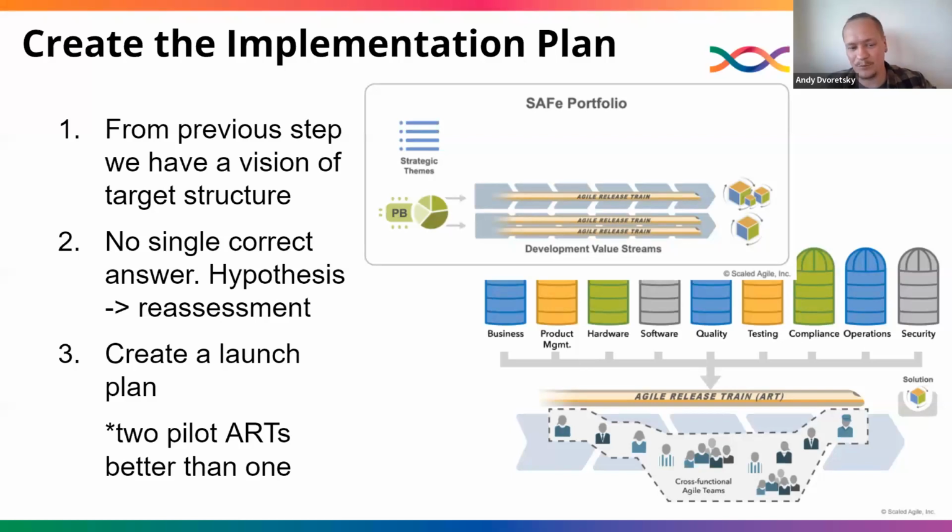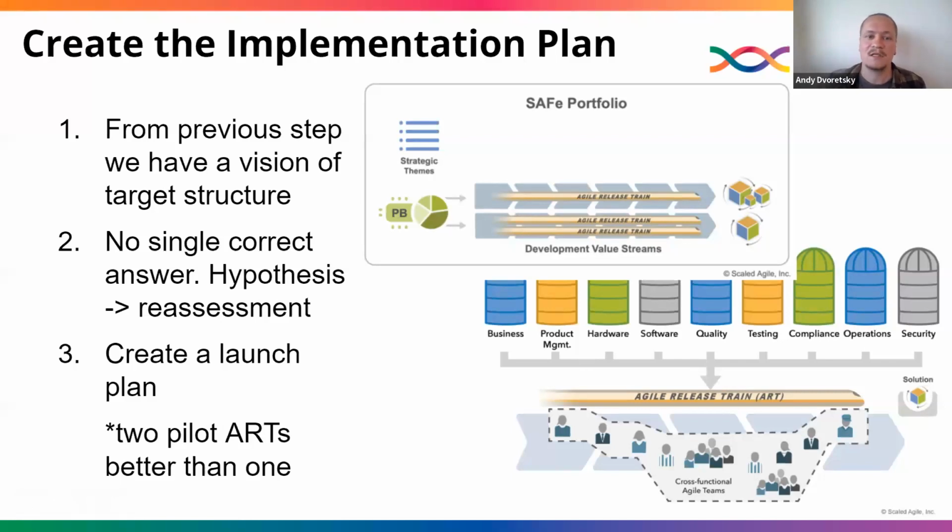We have this working example. So usually we pilot with no fewer than 2 Agile Release Trains. A big bang covering the entire organization in one run is too risky, too difficult and too expensive. But launching just 1 Agile Release Train is not always enough. So we try to pilot at least 2 from the very beginning.